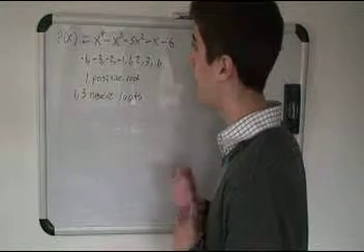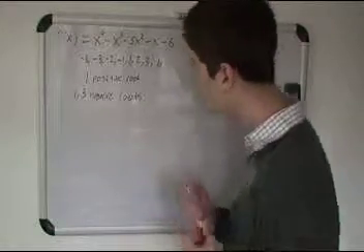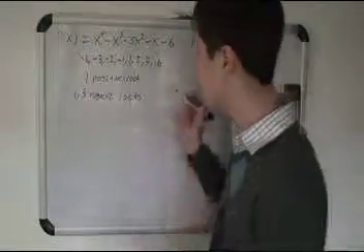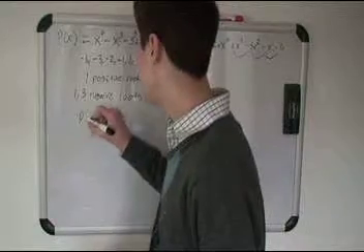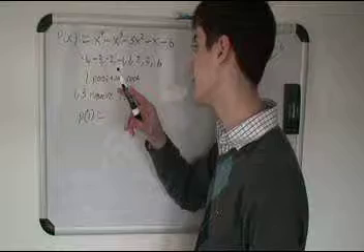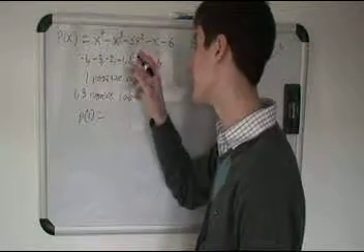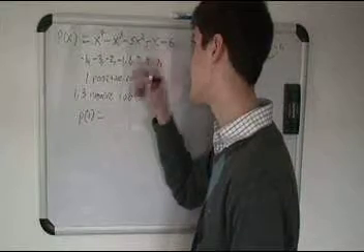So we can start with 1 and -1, why not? So p of 1 equals 1 subtract 1 subtract 5, so that's -5, subtract, so that's -12.